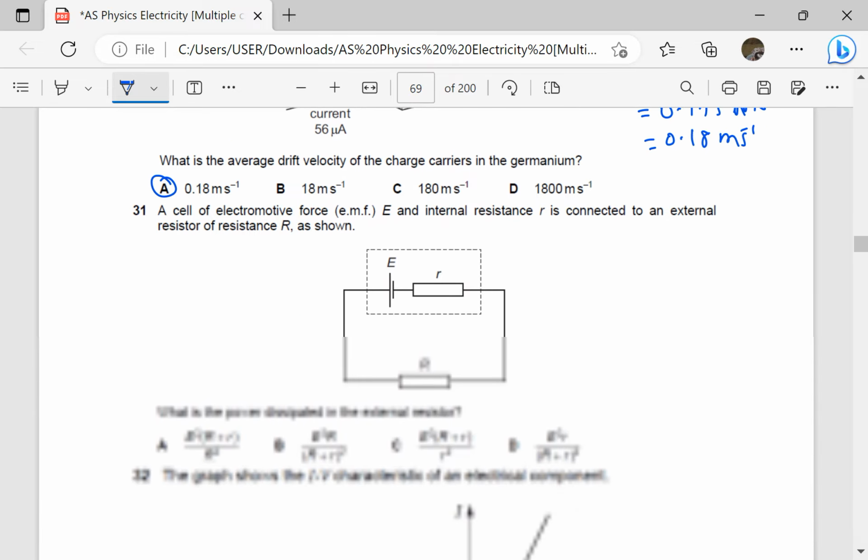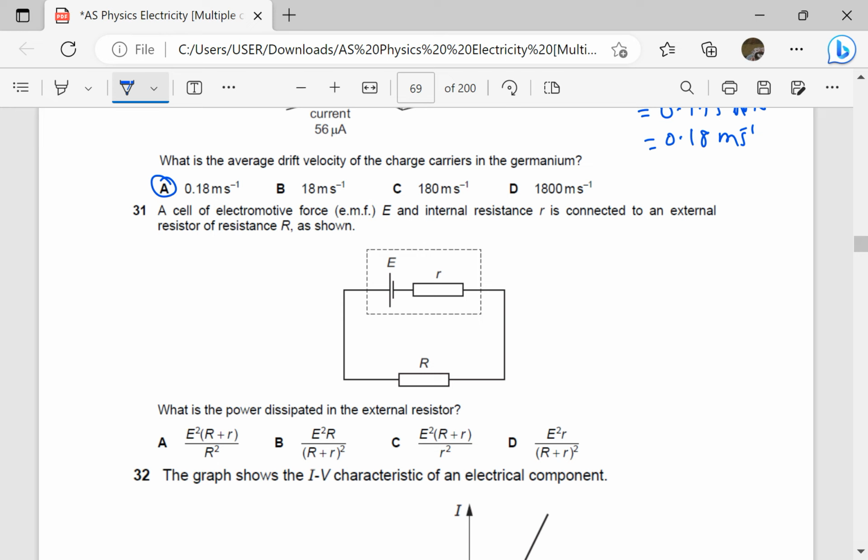A cell of EMF E and internal resistance r is connected to an external resistor of resistance R as shown. What is the power dissipated in the external resistor? So we know that EMF E is equal to current times total resistance, capital R plus small r, meaning the current is going to be the EMF divided by capital R plus small r.